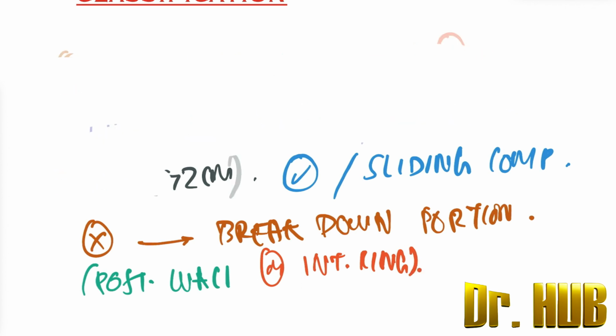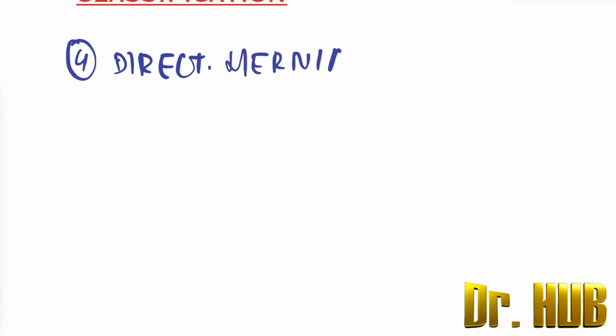Next we move on to type 4. Type 4 refers to direct hernia. Type 2 and type 3 were indirect hernias, whereas type 4 is a direct hernia with a full floor posterior wall breakdown.